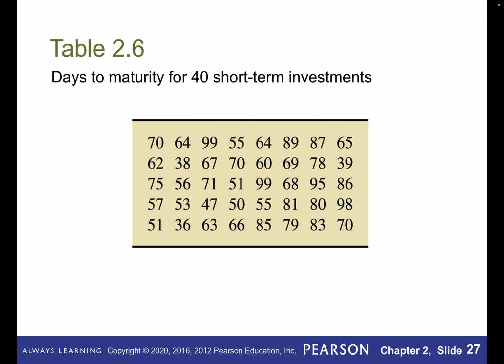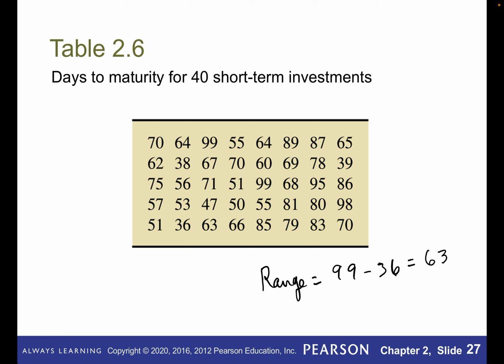I think that's the smallest, and then I don't know what the largest is. I see a 99 here. Okay, so the largest is 99. So the range of the data is 99 minus 36, which is 63. So that's just too much range to do single value grouping.